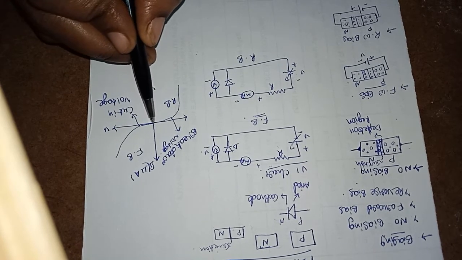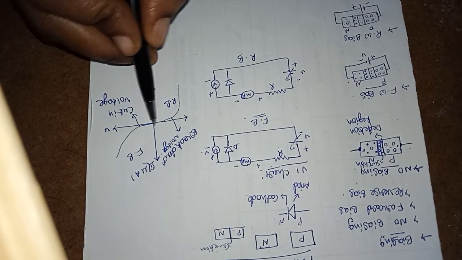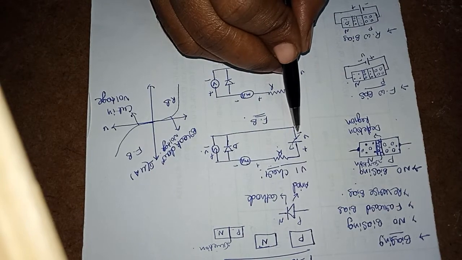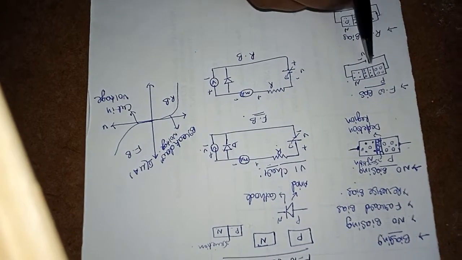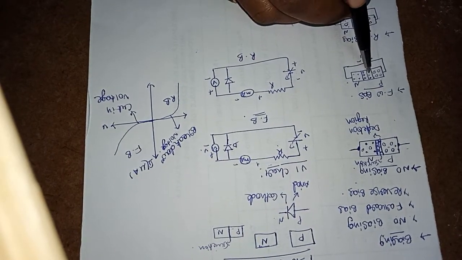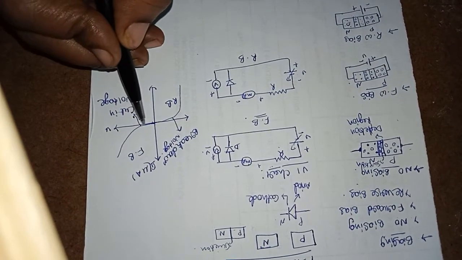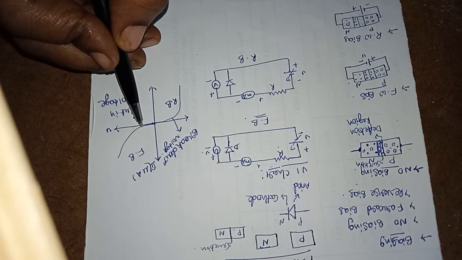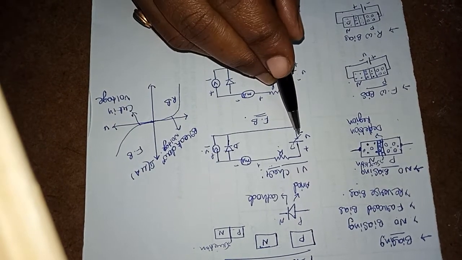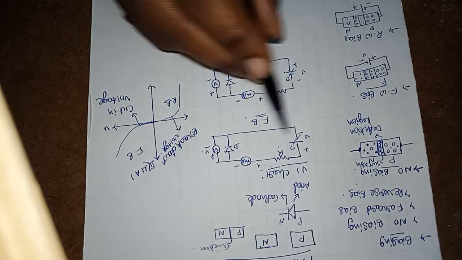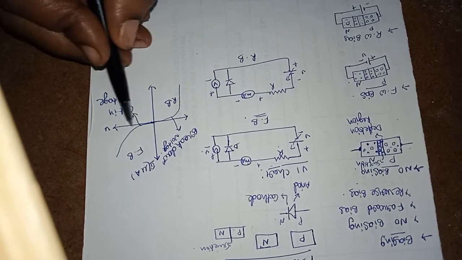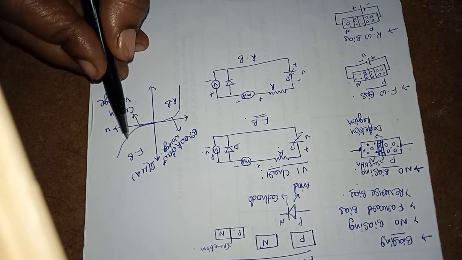So there is no current flow across the diode when the applied voltage is lower than the depletion region potential. Here it is the depletion region. There is no current flow, which means the diode is in the off state. Then, when you increase the applied input voltage, the current also increases.